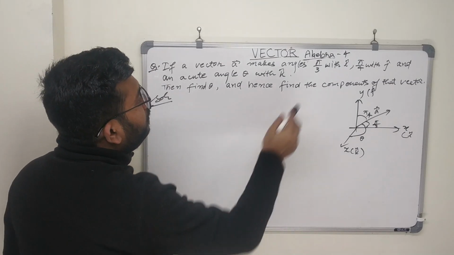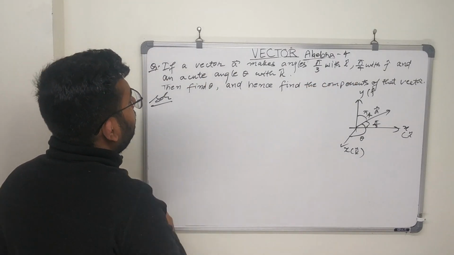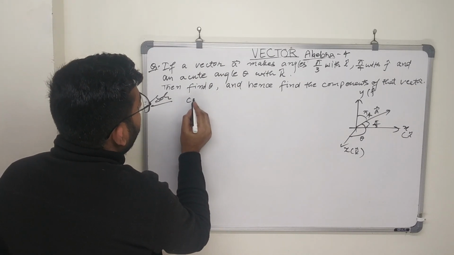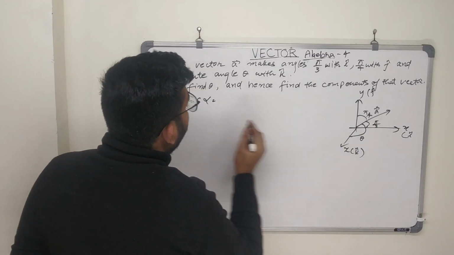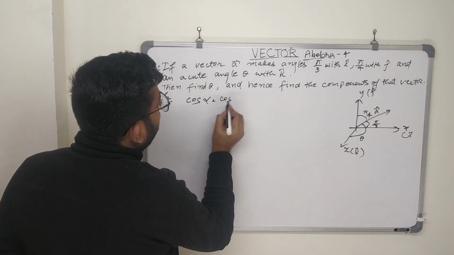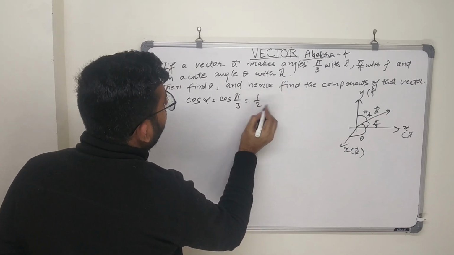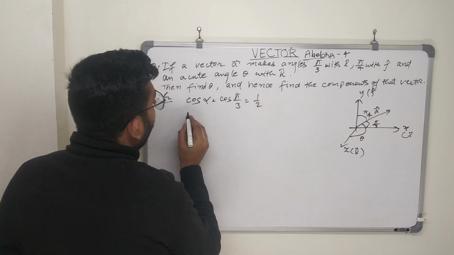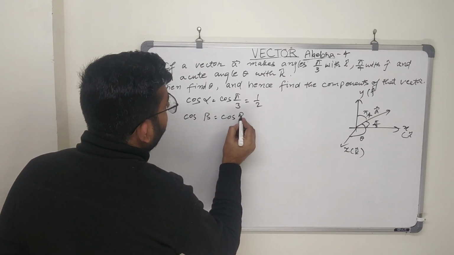So with the help of these angles we can find the direction cosines of this vector, that is cos alpha is equal to cos of pi by 3. This is equal to 1 by 2. Similarly, calculating cos of beta, this is equal to cos of pi by 4.